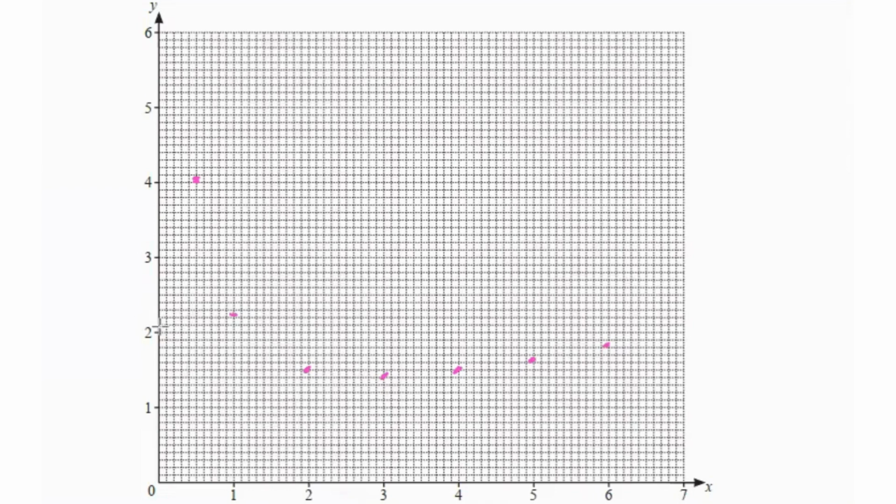So 1, 2, it's going to be at this point. Yep. Okay. So now let's connect the dots.